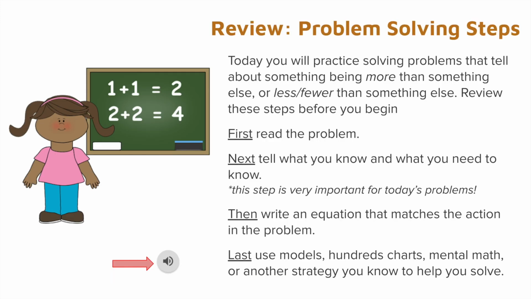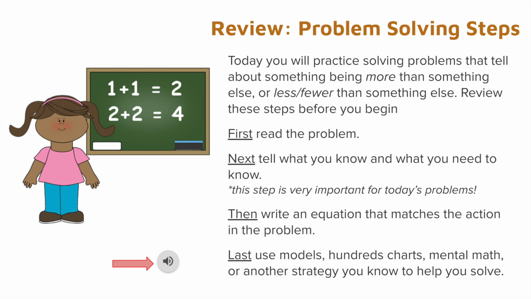Let's review our problem-solving steps. Today, you will practice solving problems that tell about something being more than something else or less, fewer than something else. Review these steps before we begin. Our first thing is to read the problem.